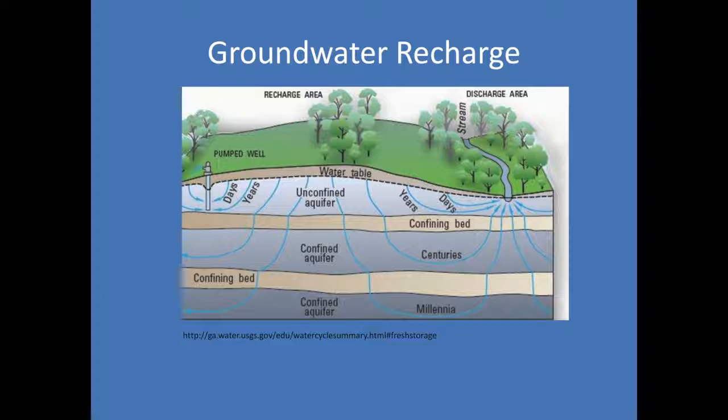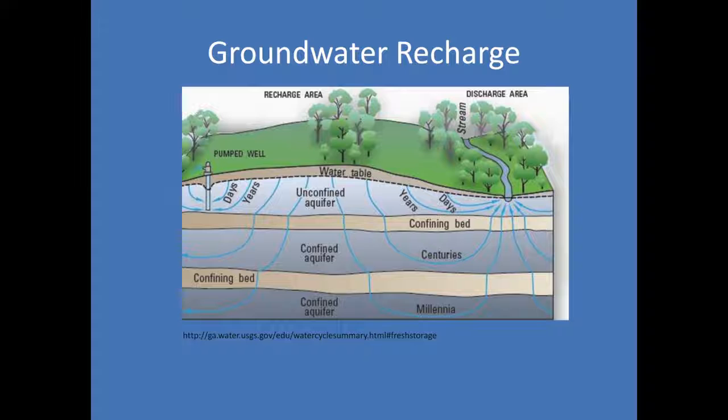Okay, so when we talk about groundwater recharge, this slide demonstrates what I was talking about earlier, where the unconfined aquifers often have a quicker recharge to the surface hydrology. In this diagram, the stream. If you notice where the day marker is, if a pollutant was spilled on the surface there, it could reach that stream within a couple days.